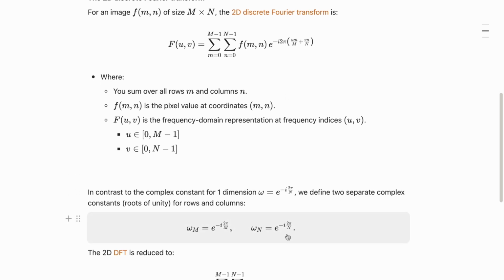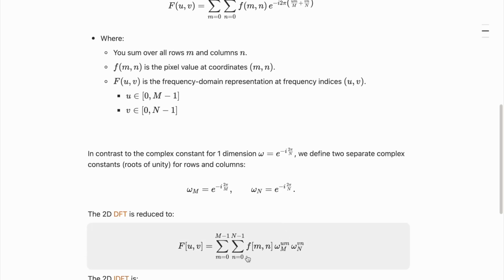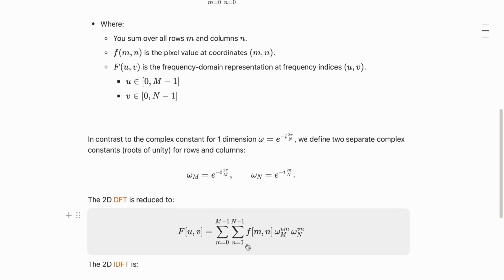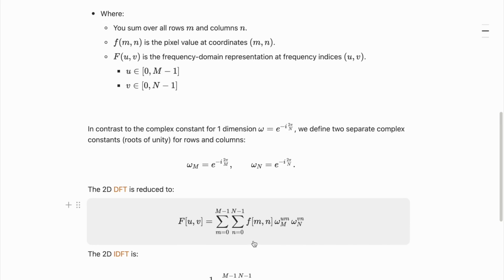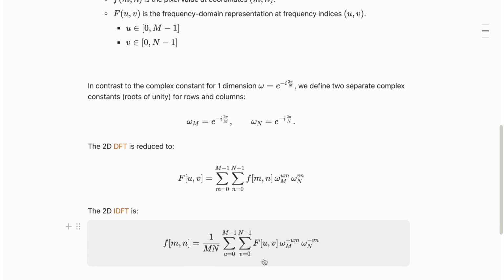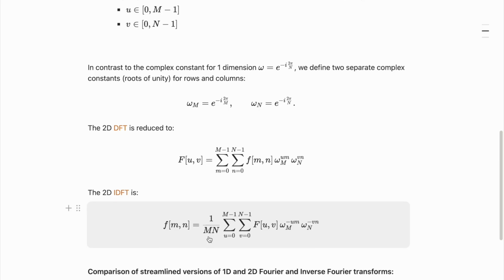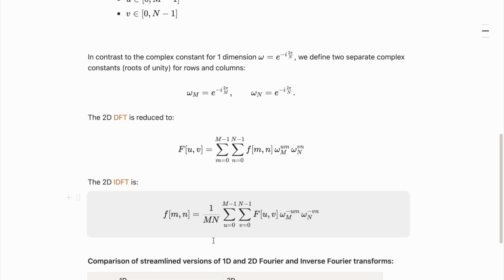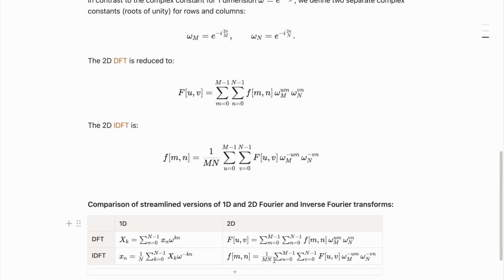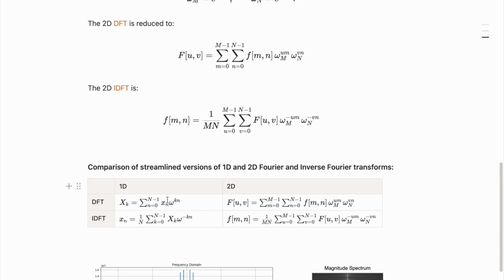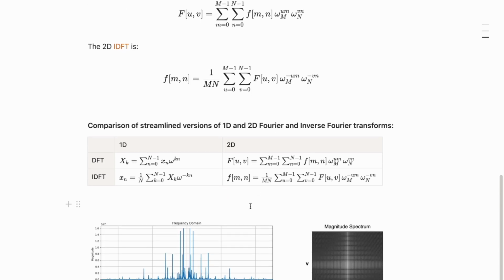So applying this simplification, we end up with this formula for the 2D discrete Fourier transform. And as you can see, the formula for the inverse Fourier transform is extremely similar, except that here we have negative exponents, and then we have to normalize the sum by dividing by the number of pixels, just like we did in the 1D Fourier transform. Here's a comparison of the formulas for the forward and inverse transforms between 1 and 2 dimensions.